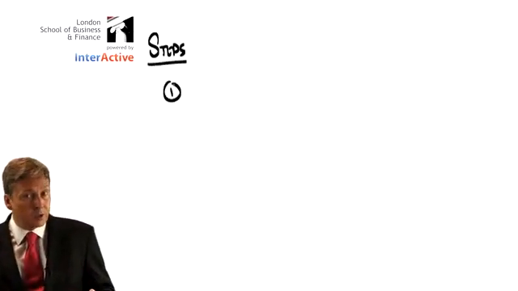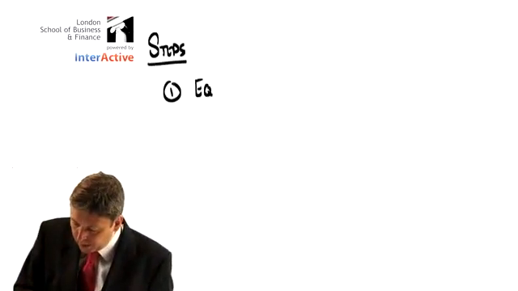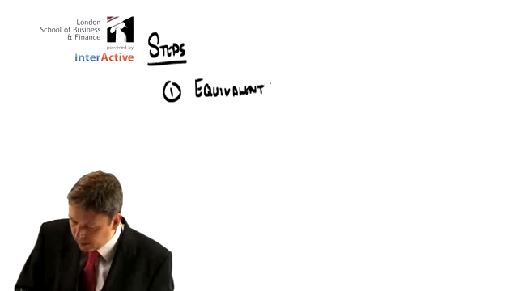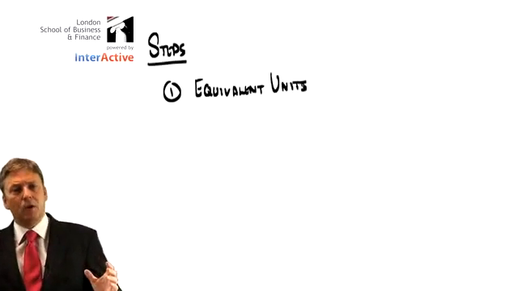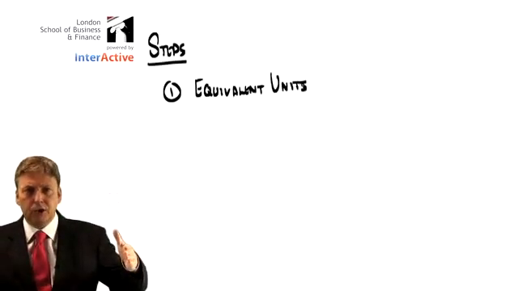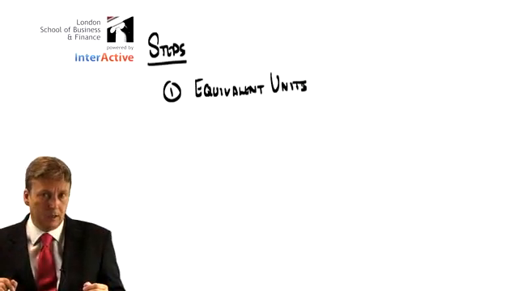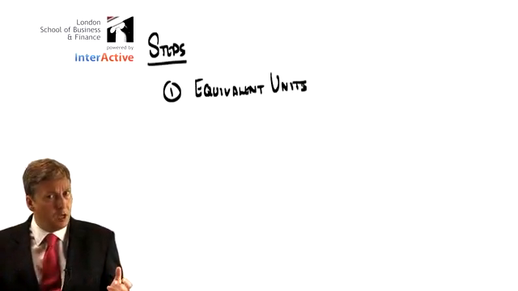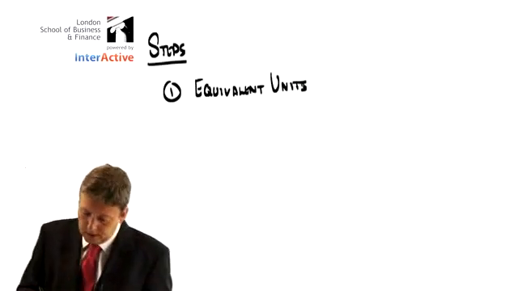The first thing I want to do is to establish the number of equivalent units. Effectively, I want to establish how much work has been achieved during the period. This shouldn't be too difficult. As we're going to see, there are two ways of dealing with this.